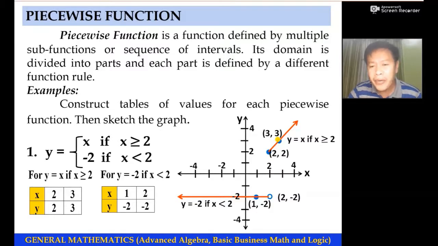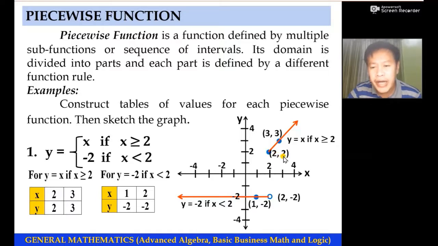Take note, if we are going to extend this line up to here, that is just only the graph of the identity function which we have already discussed. But since that our domain is limited to x is greater than or equal to 2, we do not have a line here. And this is just only a ray, wherein the endpoint is 2 and 2.